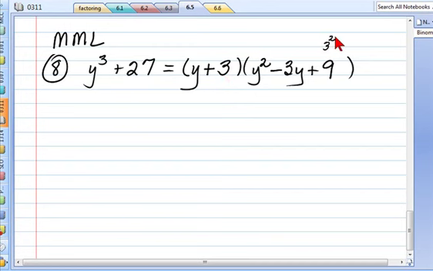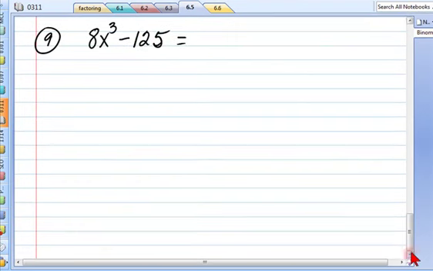Okay? Let's look at number 9. I have 8x to the third minus 125. Is there a common factor? No. It's a binomial. Which kind of binomial is it? Difference of cubes.